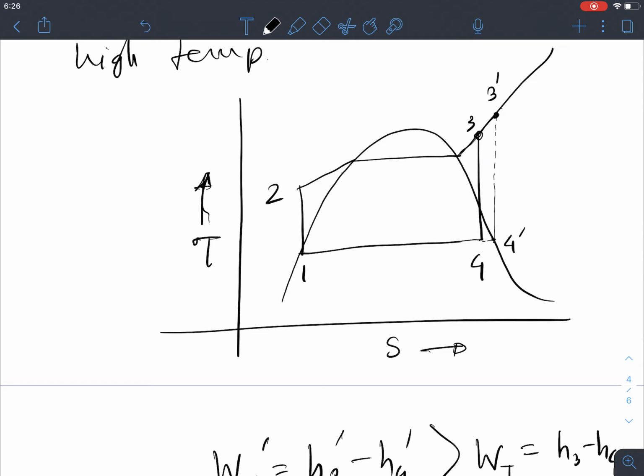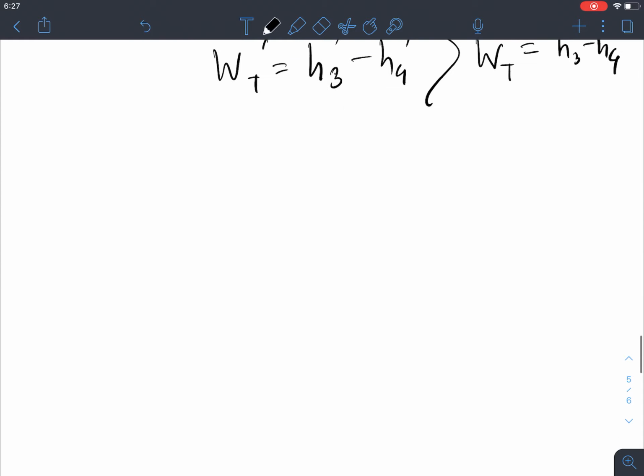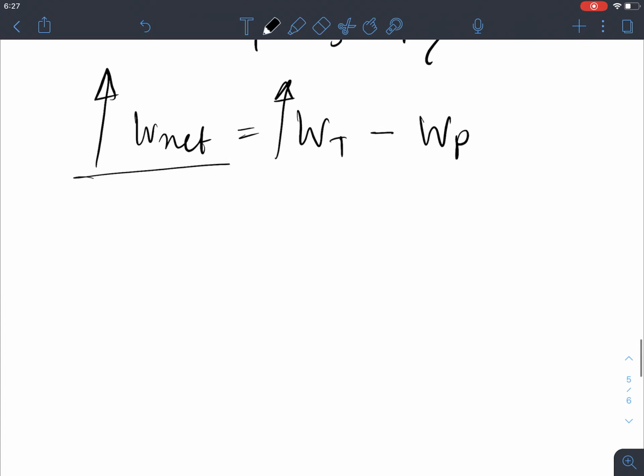Why? You can see that the temperature difference here, compared to the temperature difference here in this line, is higher, right? So if the turbine work is higher, then ultimately net work is increasing, while the pump work remains constant, right?